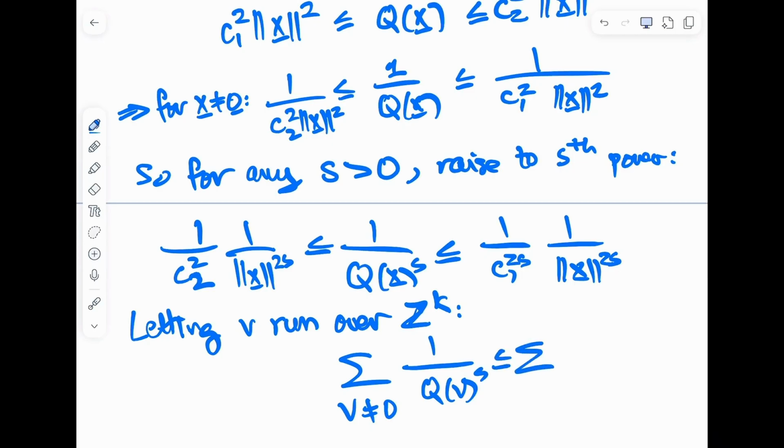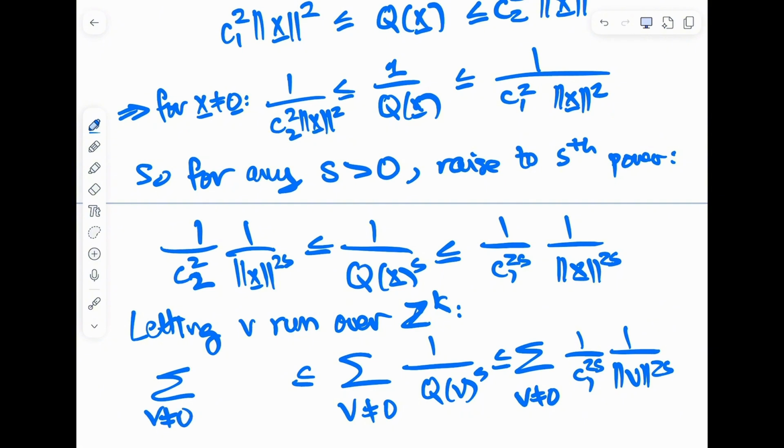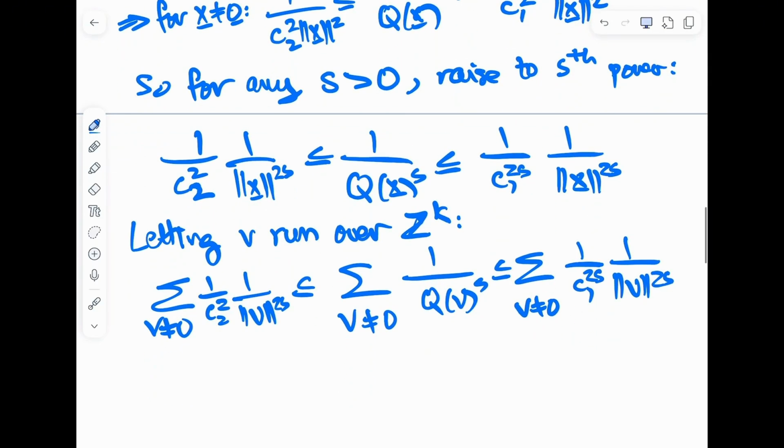I can bound this from above up to a constant factor by 1 over ordinary squared length to the 2s, and from below, summing up to a constant factor, ordinary squared length to the s. So I have exactly the same thing. Up to a constant factor, I'm summing exactly the same thing above and below.